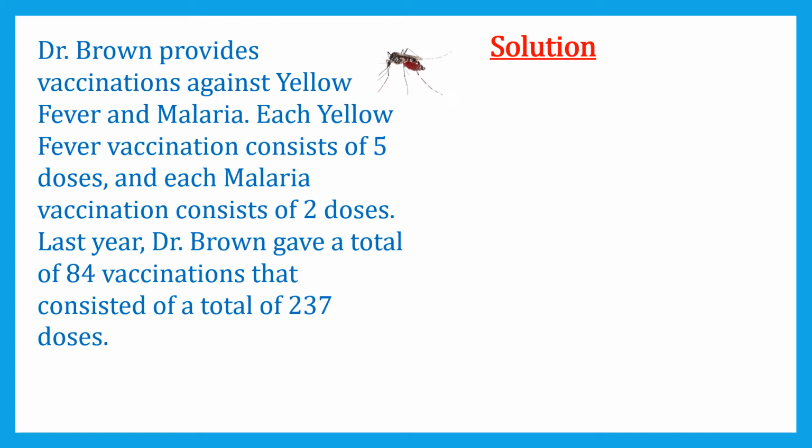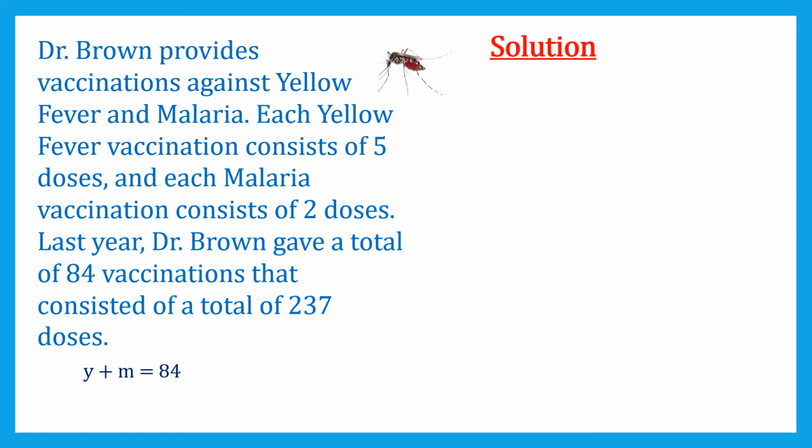Now, first we need to form 2 equations. The first thing I'm going to use as an equation is the number of vaccinations. We know that the number of yellow fever vaccinations plus the number of malaria vaccinations equals 84 total vaccinations. So I'm going to use Y for yellow fever and M for malaria. So my first equation will be Y plus M equals 84.